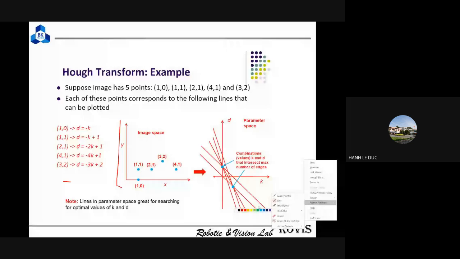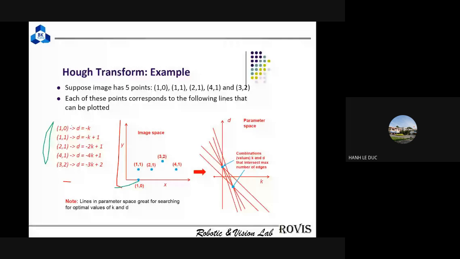Let's see an example here. For example, we have 5 points, and each point we change and then draw in the parameter space. From here you can see that many lines intersect.